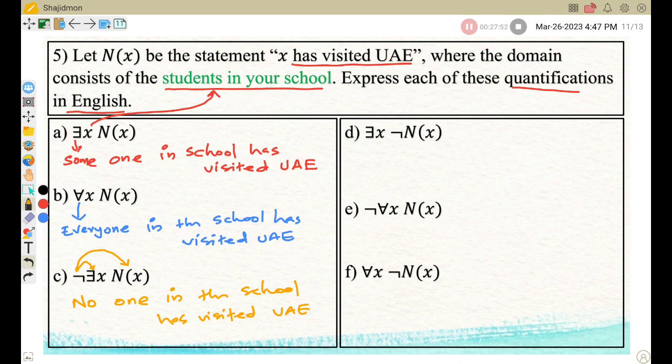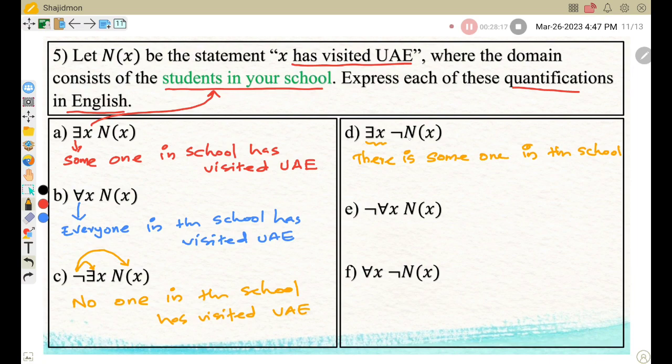Okay, now question D: for some x, negation of N(x). For some x means there is someone, some of the students in the school, who has not visited, negation of N(x).